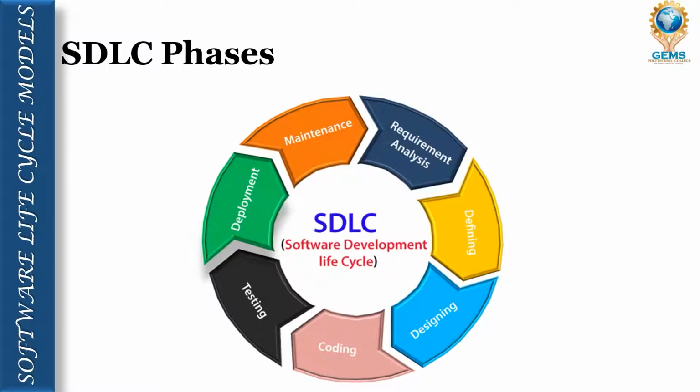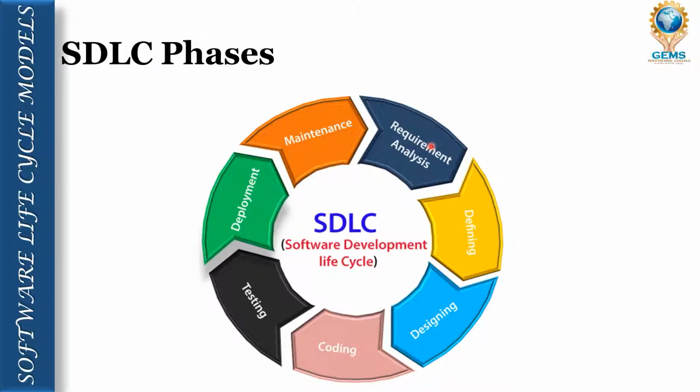So these are the SDLC phases. As I told you, in the content we will see the phases of the SDLC. So these are the phases used in a software development lifecycle project. First we have requirement analysis.